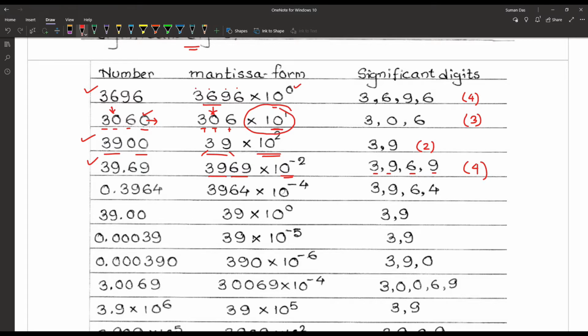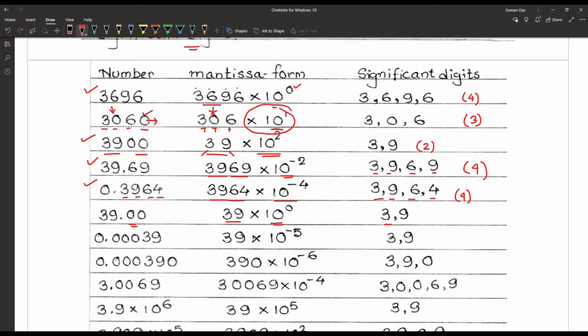In the next number, 0.3964, that can be written 3964 into 10 to the power minus 4. So the significant digits are 3, 9, 6 and 4. 39.00, that can be written in the form of Mantissa 39 into 10 to the power 0.